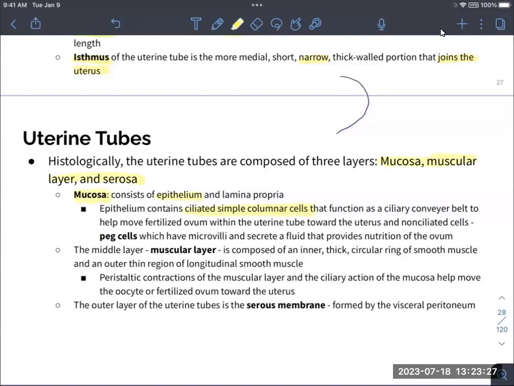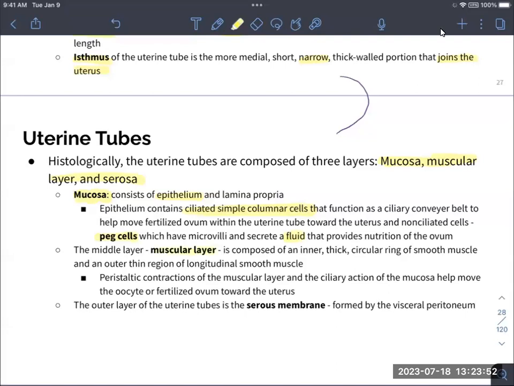We also have PEG cells, which are non-ciliated, but instead they have microvilli. They provide a fluid that's going to help get this ovum these different nutrients that it's going to need to survive, to go through its final stages of meiosis too.